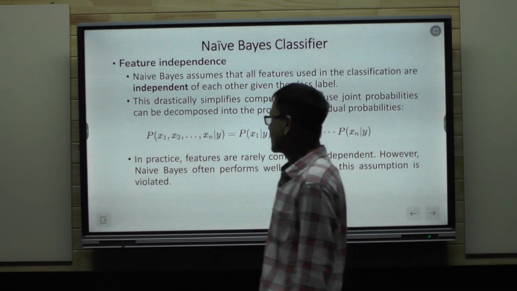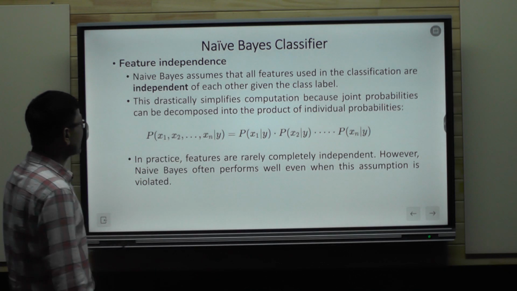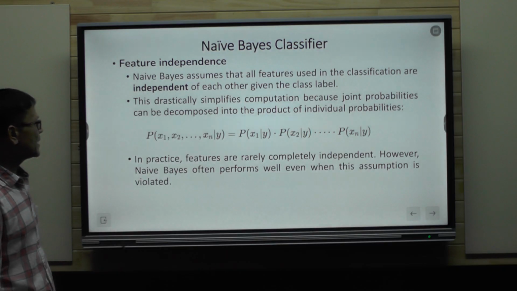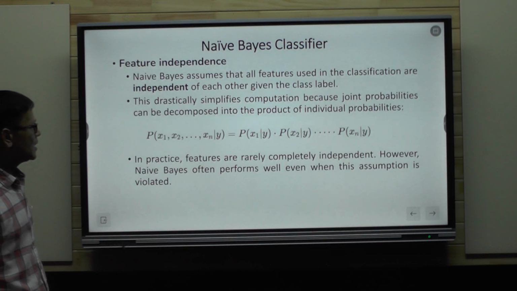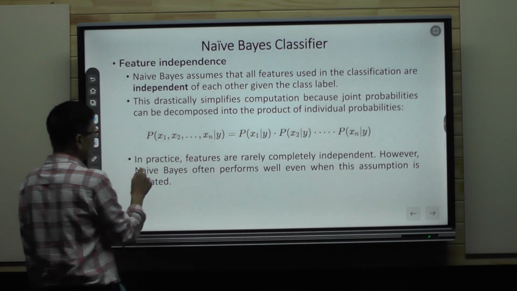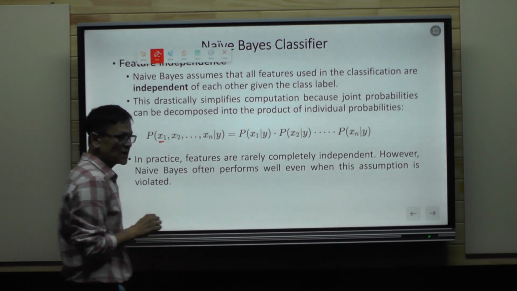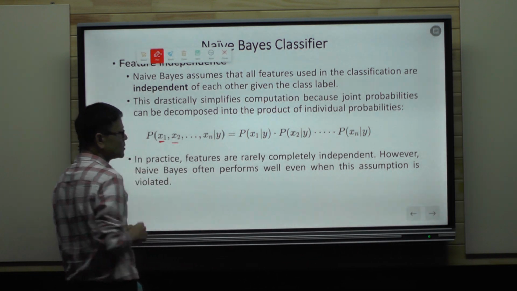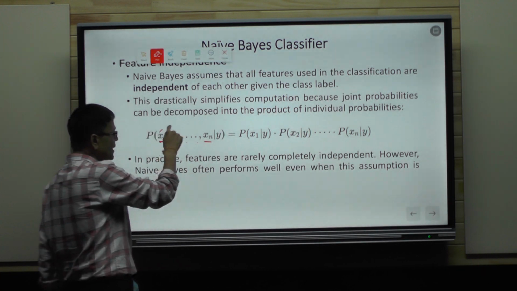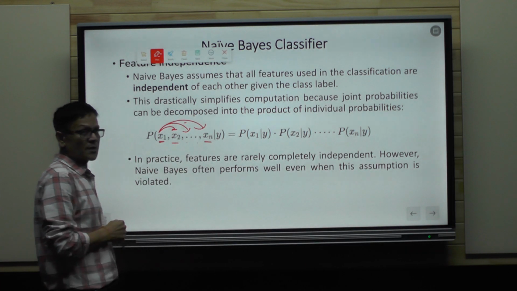So let's say feature independence. What does this mean? It simply means naive Bayes assumes that all features in the classification are independent of each other. So we have one feature x1 as input, x2, and we have xn. There is no relationship between x1 and x2 or with any other feature.